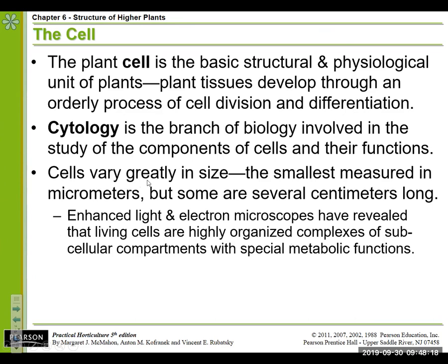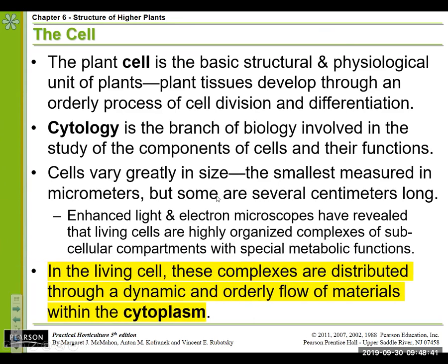Cells can actually vary greatly in size. The smallest cells are micrometers, which you can never see with even a regular microscope; we have to use an electron microscope to see the smallest cells. The largest cells, though, can be up to several centimeters long. We could see them with the naked eye.